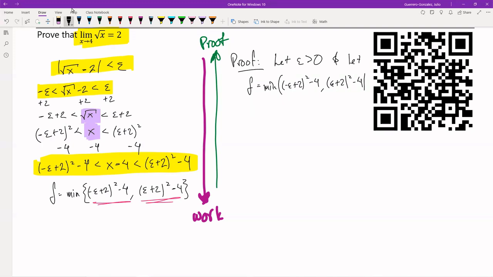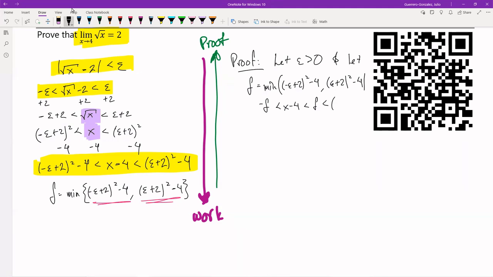So then the work now goes backwards. We have to show that x minus 4 has to be less than positive delta and greater than negative delta, which is smaller than these two values.